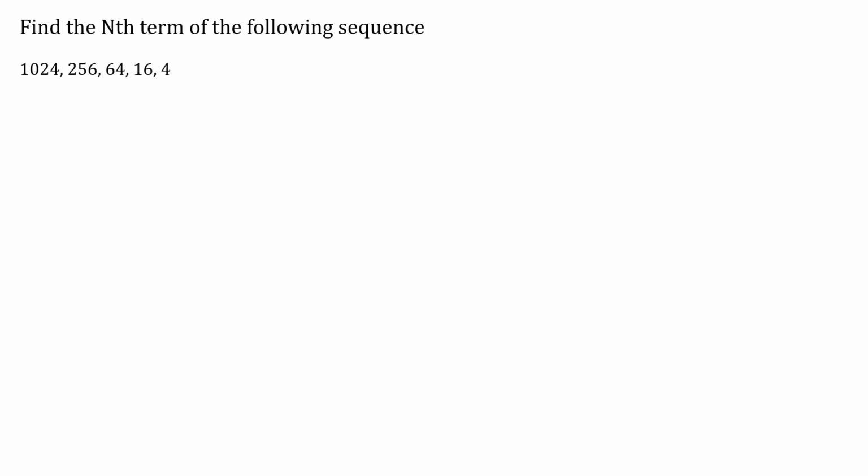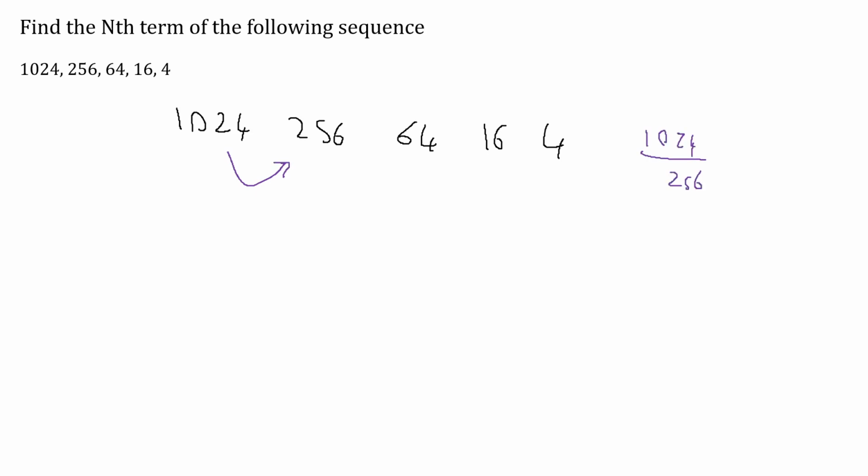So, find the nth term of the following sequence. 1024, 256, 64, 16 and 4. Well, what are we multiplying by each time? So let's rewrite this. 1024, 256, 64, 16, 4. Each time we're multiplying by, what's 256 divided by 1024?